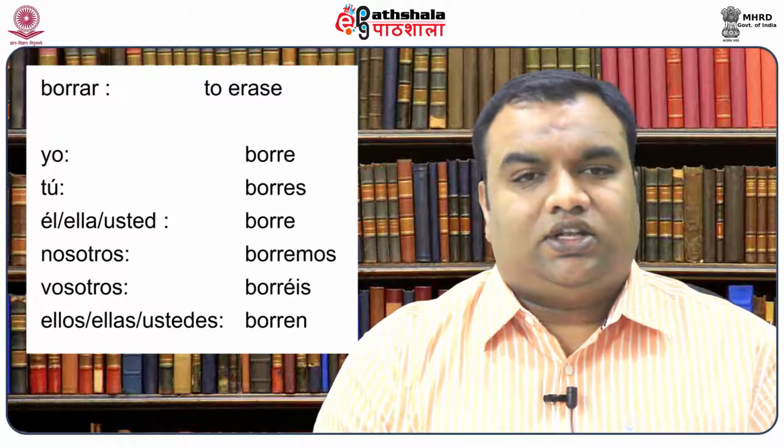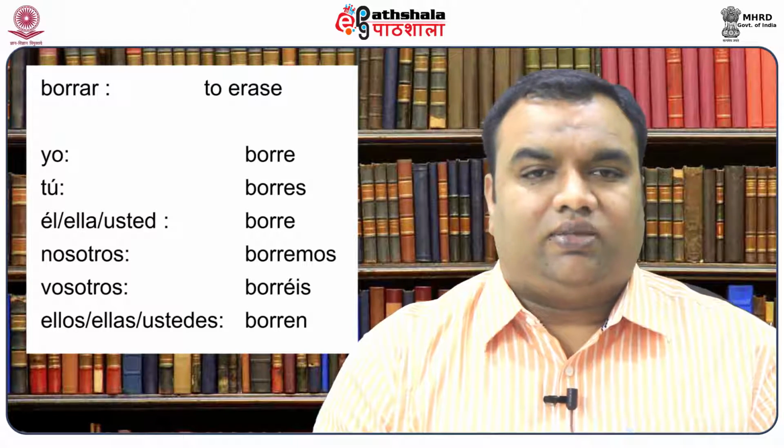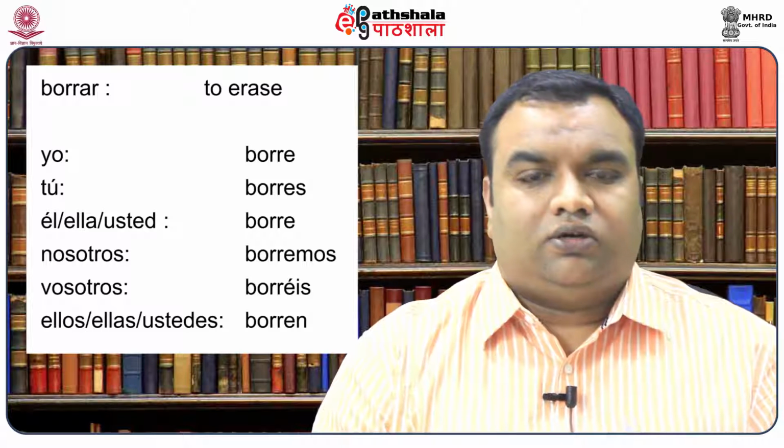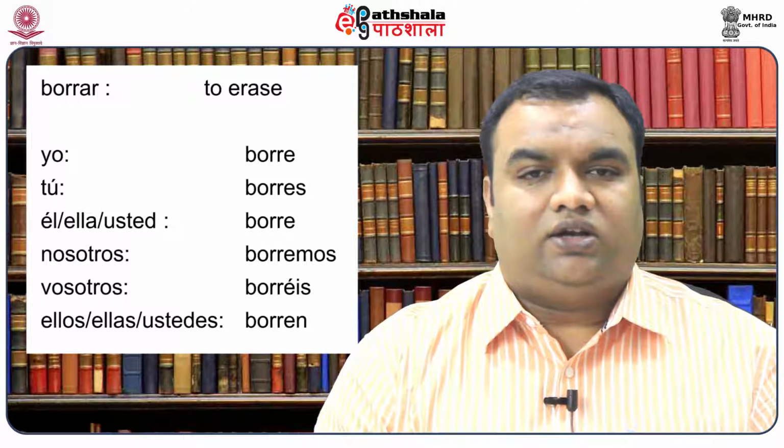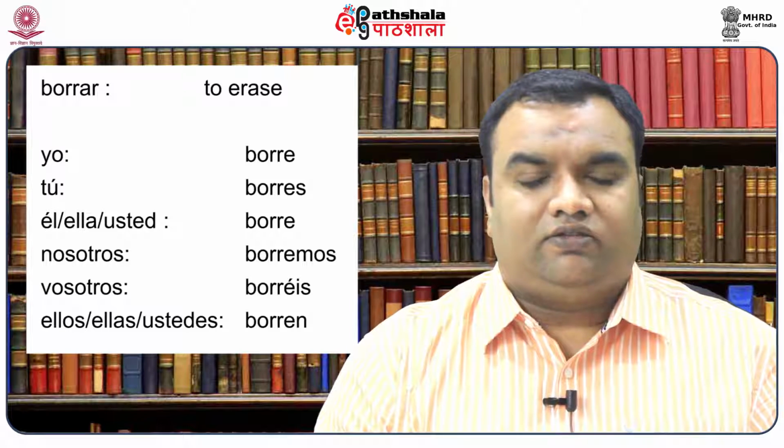Borrar is another verb of AR ending pattern, and it means to erase. We follow the same pattern of conjugations, and the first part is borro for the yo form in the indicative.